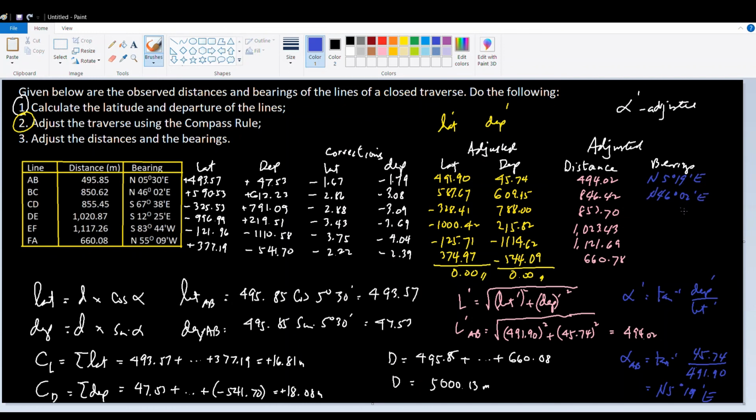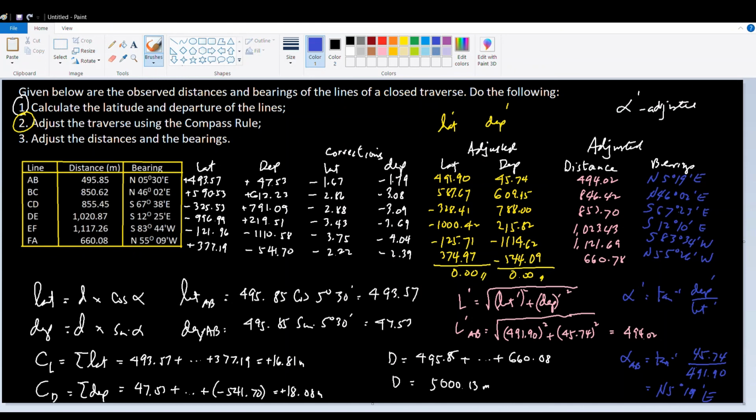For CD, it is 67.23 in the direction southeast. Then 12 degrees 10 minutes, southeast for line DE. Then 83.34 in the southwest direction for line EF. And finally, for FA, it is 55.26 in the northwest direction.